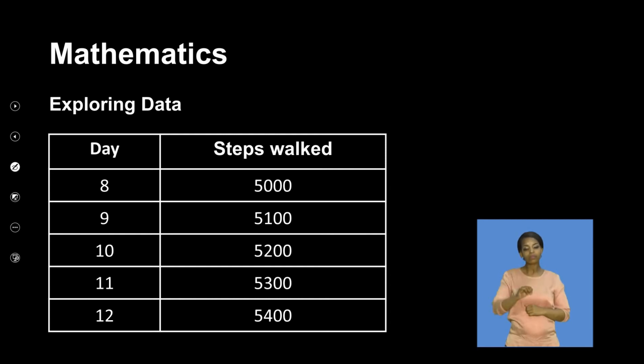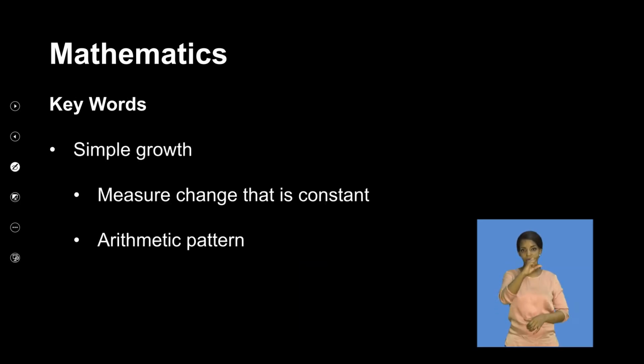The person decided to walk 5 steps on the first day, which was actually day 8 in this instance, Monday. On day 9, they increased by 100 and 100 and 100 like that as the days continued. So you saw that this had a constant growth of 100. So that's the simple growth.